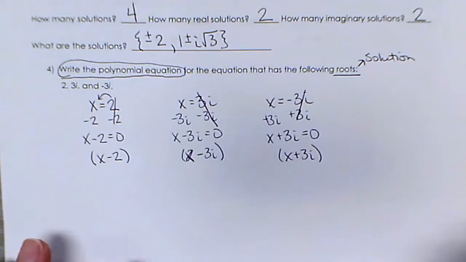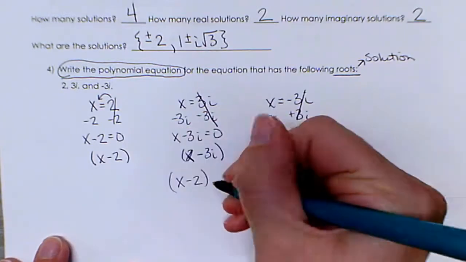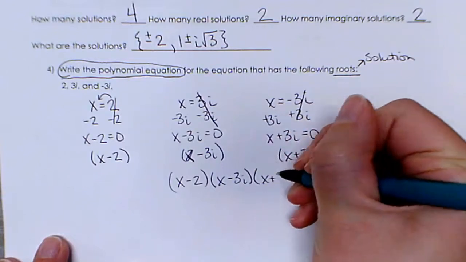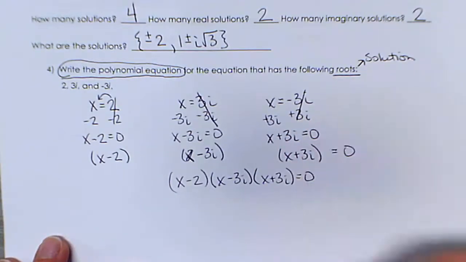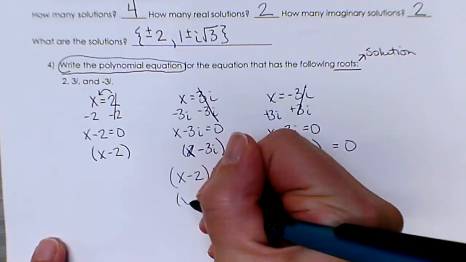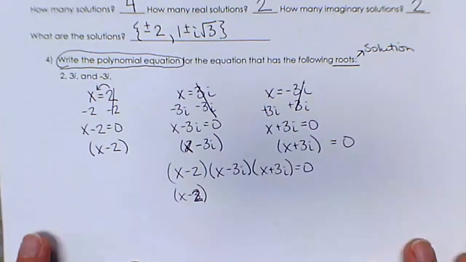So I'm going to take them and I'm going to multiply them and set them equal to 0. So I have x minus 2 times x minus 3i times x plus 3i equals 0. Let's multiply these together. I'm going to leave x minus 2 over here for a second, but I'm going to multiply these together with FOIL.